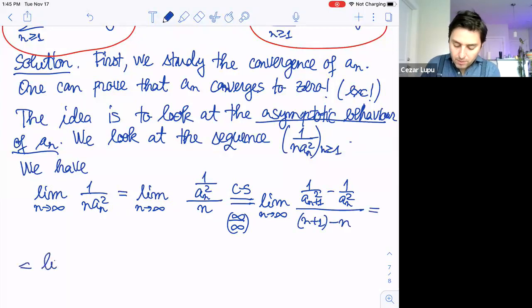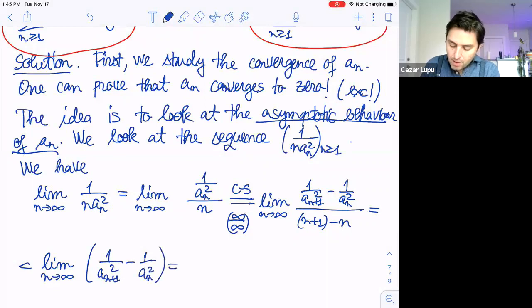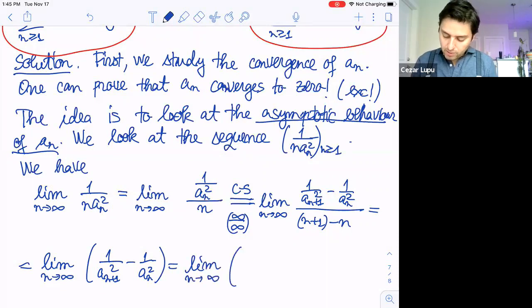And this would be equal to the limit as n approaches infinity of 1 over a_{n+1} squared minus 1 over a_n squared. But now if we replace this in the recursion, this would be nothing else than the limit as n approaches infinity of 1 over sine squared of a_n minus 1 over a_n squared.